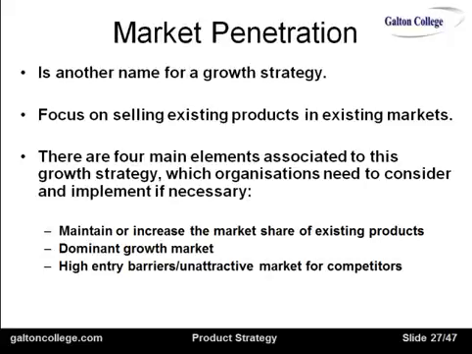High entry barriers could be the cost of the capital required to set up, or the research and development necessary to develop a product, or getting sufficient skilled labour to produce the product. All of these constitute barriers to entry. There's a whole list of these, but they are considered in a separate video.